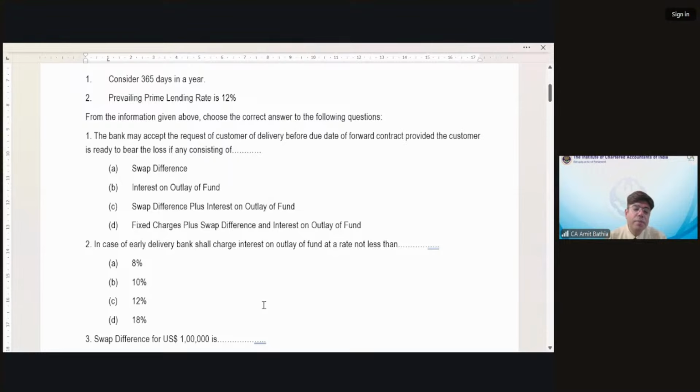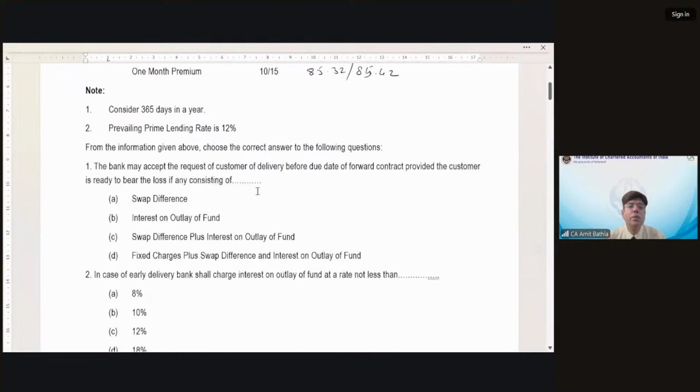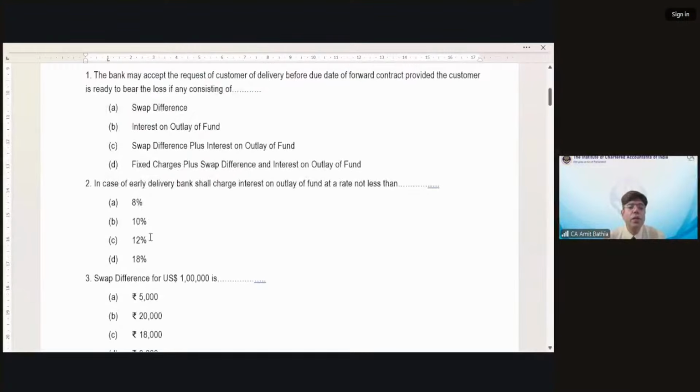As I already said, they are going to charge us at the rate of 12%. Prevailing prime lending rate, as mentioned, is 12%. So they are going to charge me at 12%, which is option C. So the correct answer over here is D, and here it is C.